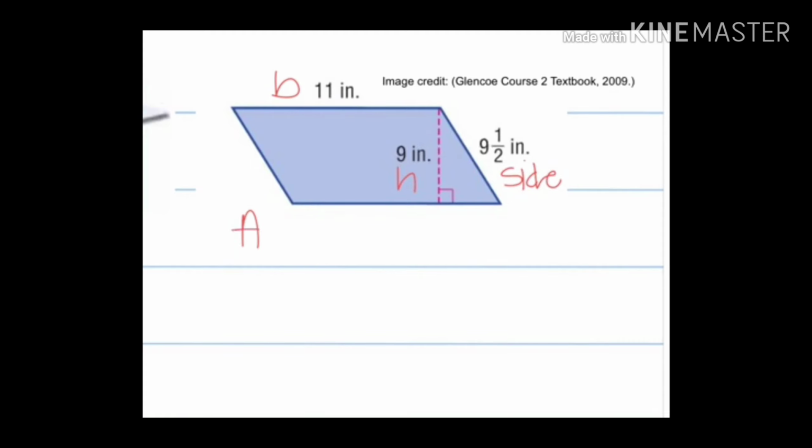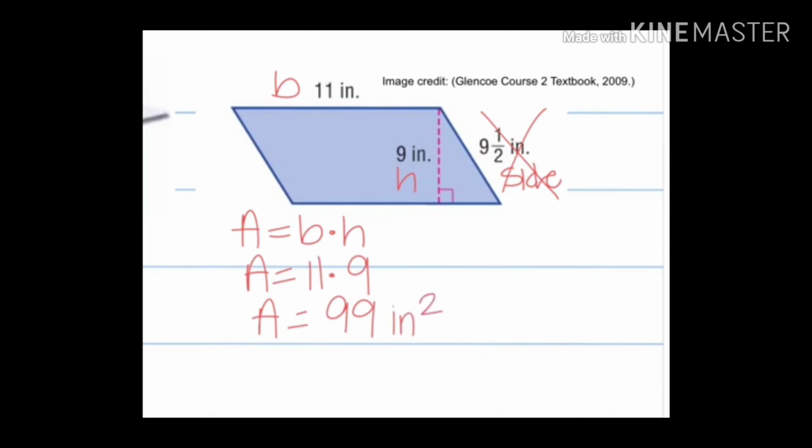Remember, the area of a parallelogram is base times height. So the side has nothing to do with the area. The area then is going to be 11 times 9, which we know is 99, with my units, inches squared. Always, always, always have your label with it. An area is squared.